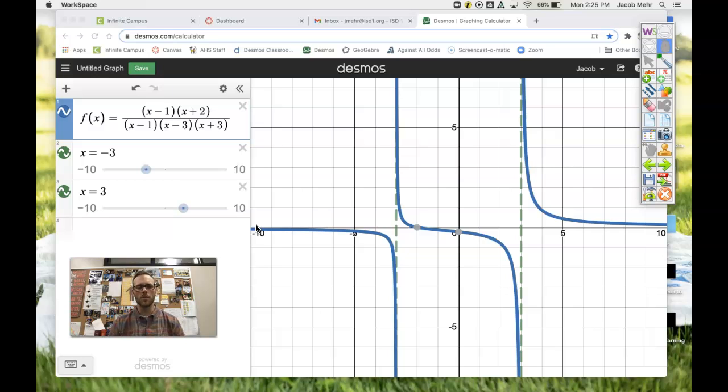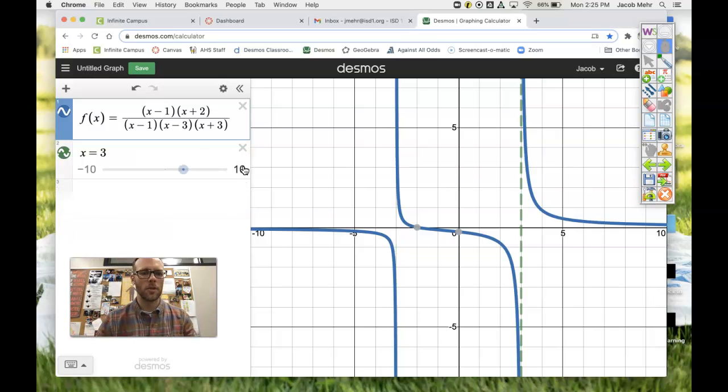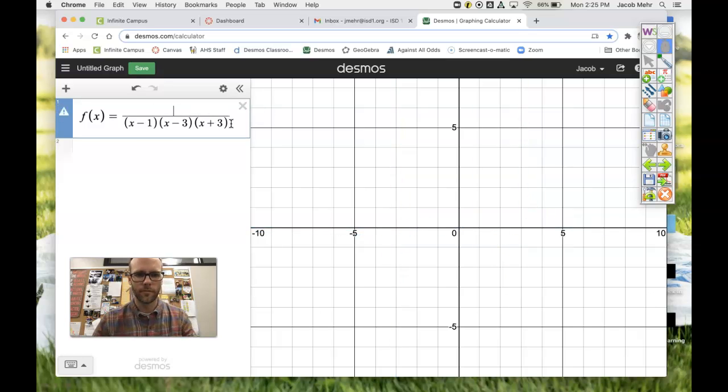What I want us to do is play around here a little bit with graphs and see if we can figure out, when do we end up with a horizontal asymptote? Now let me delete some of this. Both 1 over x and the graph that we just looked at had y equals 0 as a horizontal asymptote.